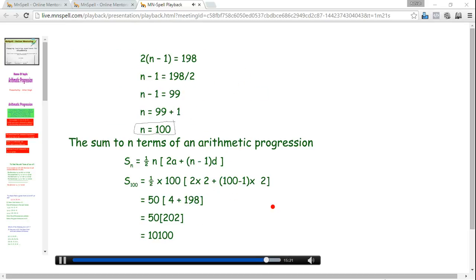So if we apply the formula, S100 equals n by 2 times (A plus L), where L is the last term.